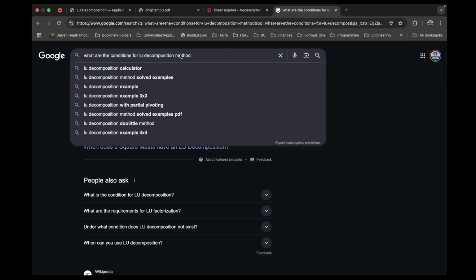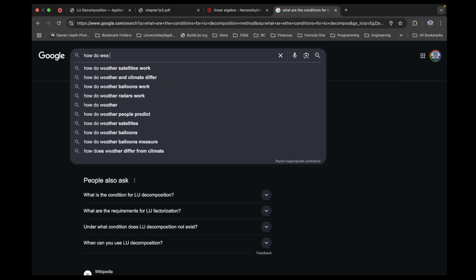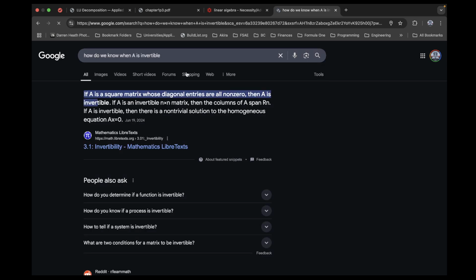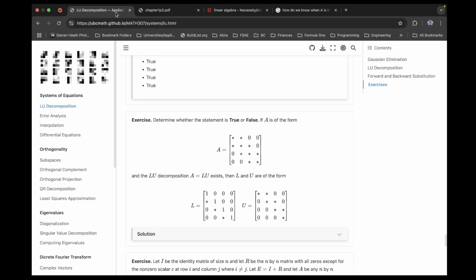If A is invertible, how do we... If A is a square matrix whose diagonal entries are all non-zero, then A is invertible.